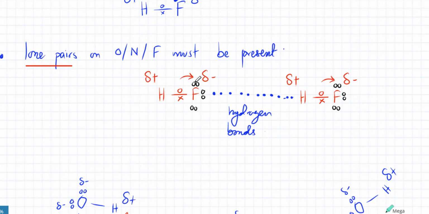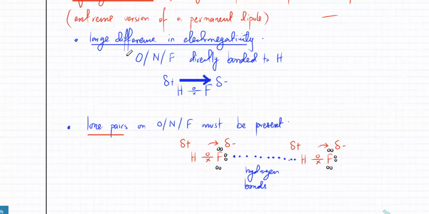Plus, the lone pairs should also be available. That will increase the negative charge even more, which is why the attraction would become really strong. So both these things should be there for a hydrogen bond. Yes.